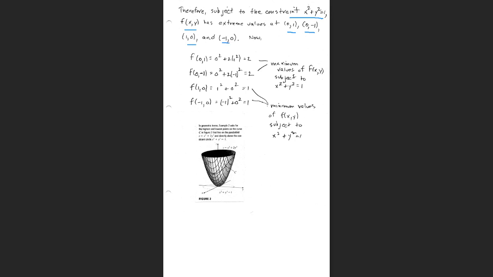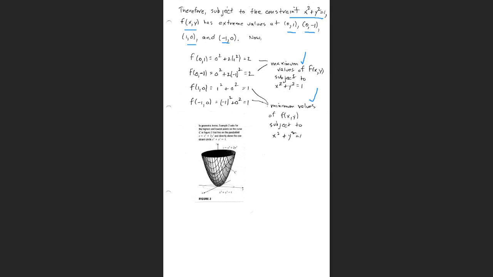And what I'm going to do is evaluate the function at the 4 coordinates and determine which values give me maxima and which give me minima. Let me give you a moment to copy this down. Please let me know if you have any questions.